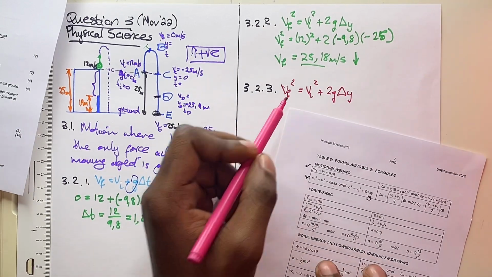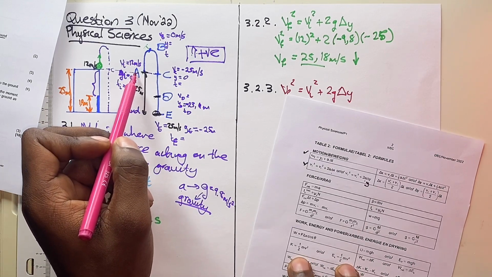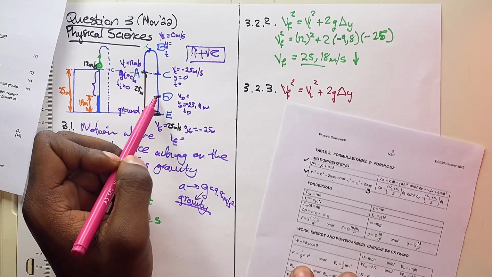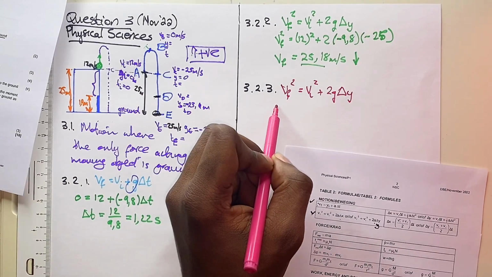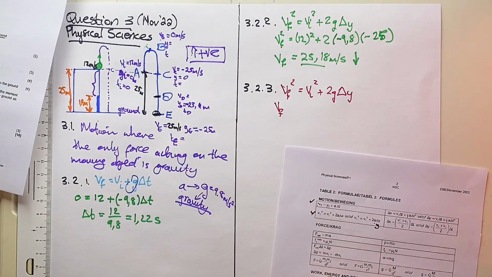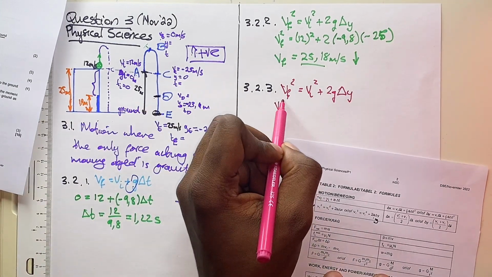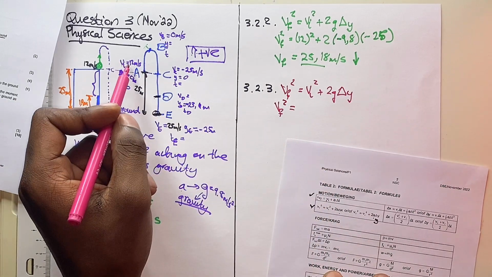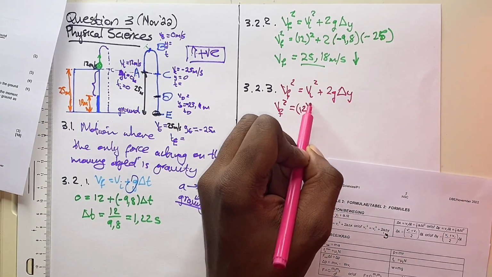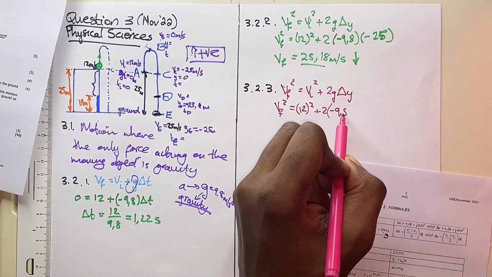Now let's substitute. Because we are now taking A as our reference point, A will be our initial point and D as final. So we are calculating V final, which will be our initial when we calculate the time it takes from D to E. So do we know our initial velocity? Yes, it is 12 meters per second, plus 2 into negative 9.8.